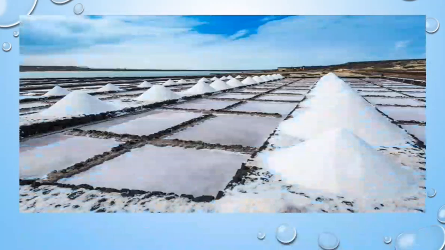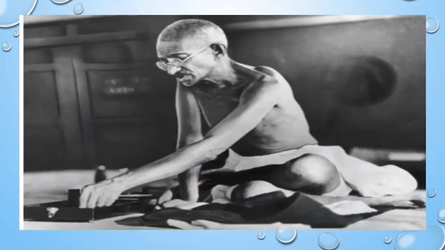And our father of the nation, I hope you all remember who it is. Yes, Mahatma Gandhi, as you can see in the picture, decided to stand against the British and fight for the right of the common people. According to Bapu, as Gandhiji is called, salt is a basic necessity and it is freely available by nature, like air and water.